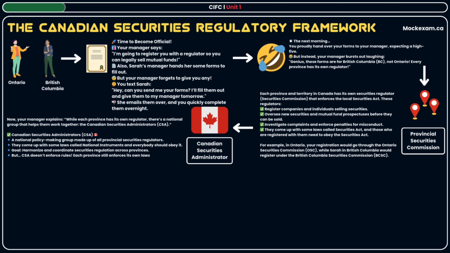The goal is harmonizing and coordinating securities regulation across provinces and nationally in our beloved country, Canada. But remember, CSA doesn't enforce rules. Each Provincial Securities Commission or regulator will enforce its own laws.